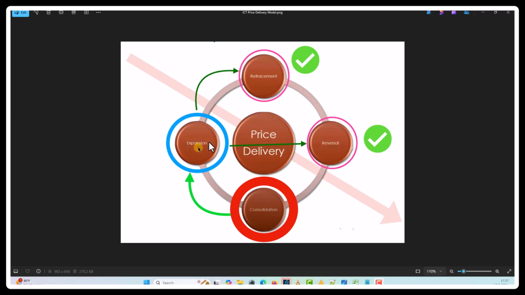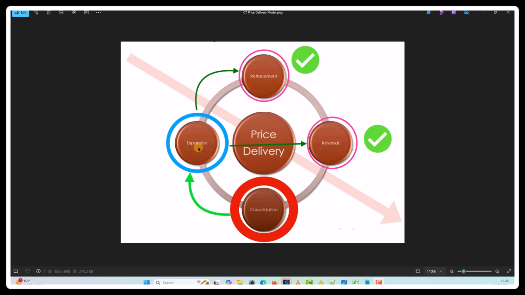After expansion, there are two states it can go into: retracement or reversal. It never goes back to consolidation. But the trick is where you locate the consolidation, and that will help you understand. Some people don't quite understand the scenario.